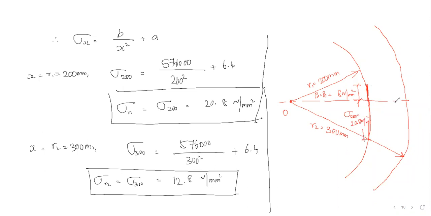On the outer side we can have only external pressure: sigma 300 is equal to 12.8. Since we know that at the outer surface, if x is equal to R2, Px is equal to 0. So 0 is here, and sigma 300 is equal to 12.8 Newton per mm square. So it should be like this.